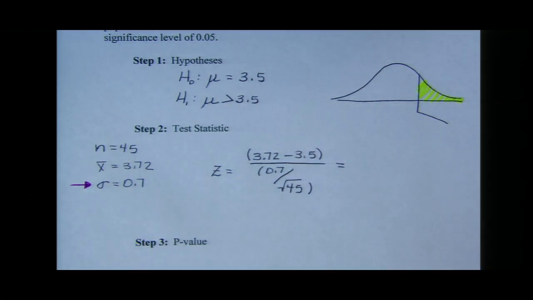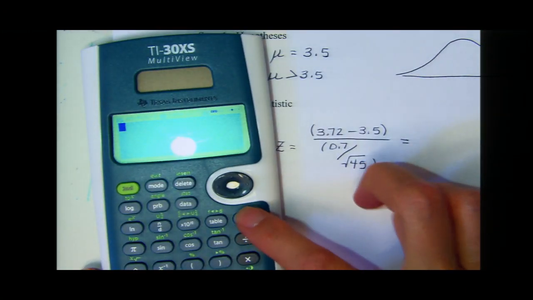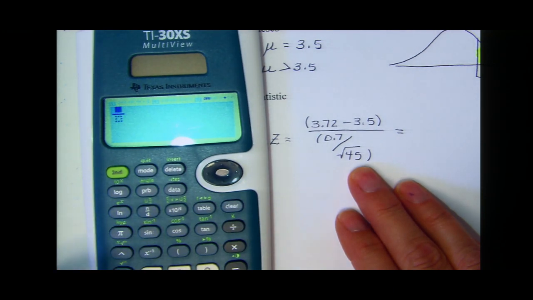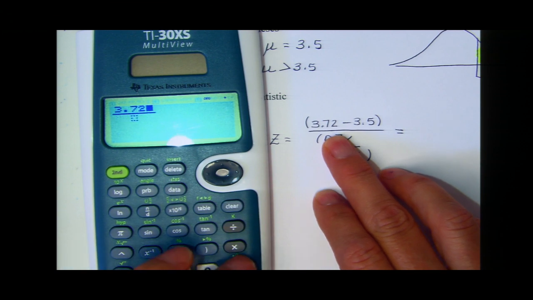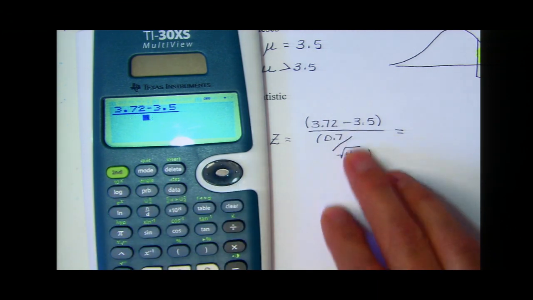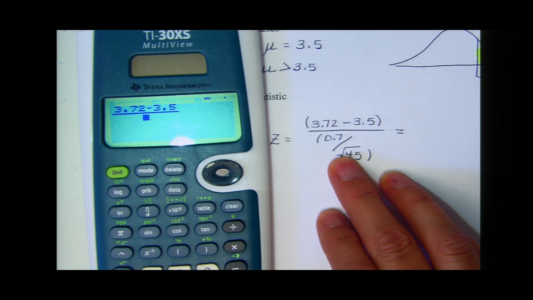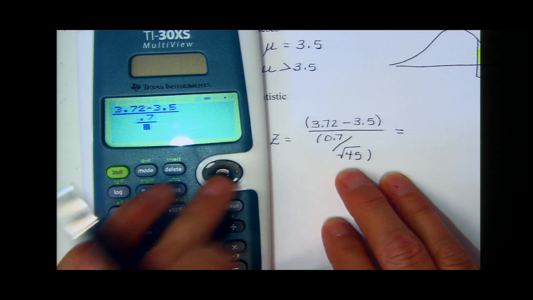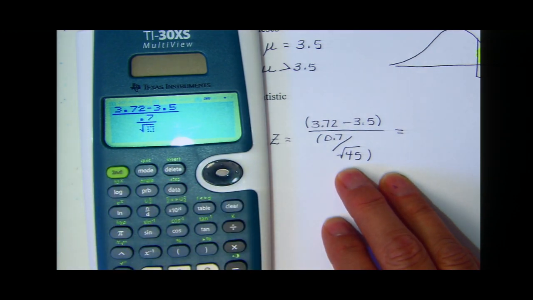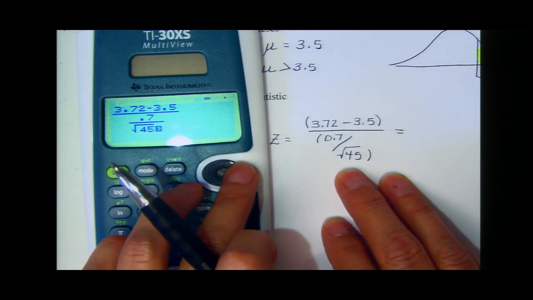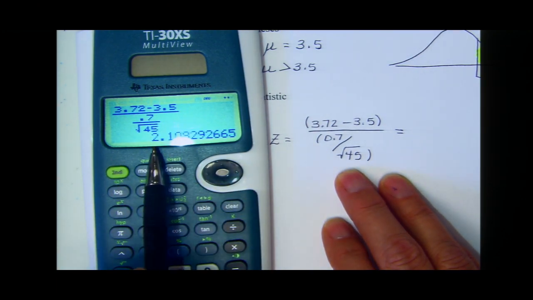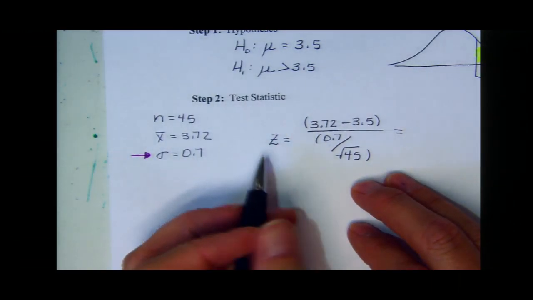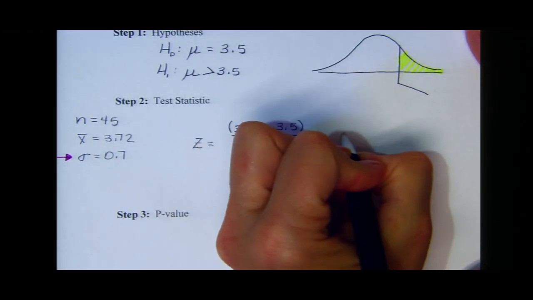So I put that into my calculator. Let's see if I can do this as a fraction. In the numerator, 3.72 minus 3.5. And the denominator is also a fraction, 0.7 over the square root of 45. Come all the way out and hit enter. And I get 2.108, and it's a z-value, so I'm going to round to 2 decimal places, 2.11.